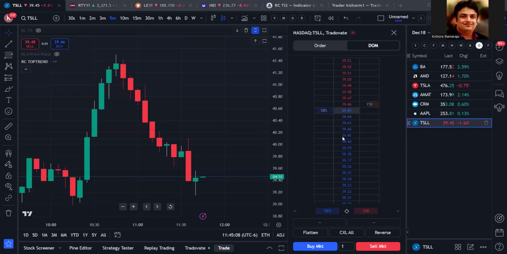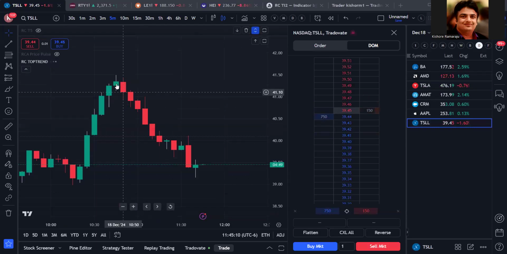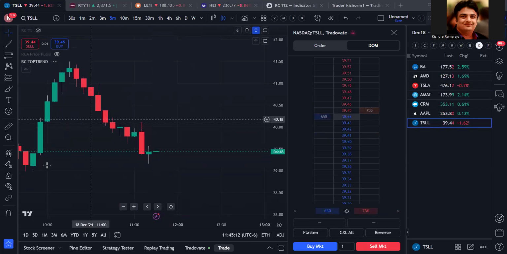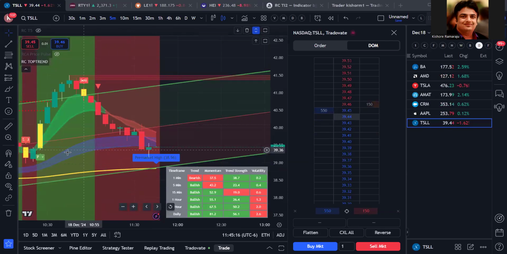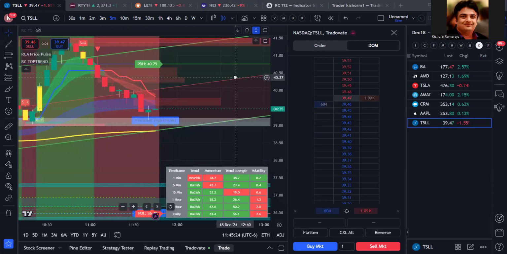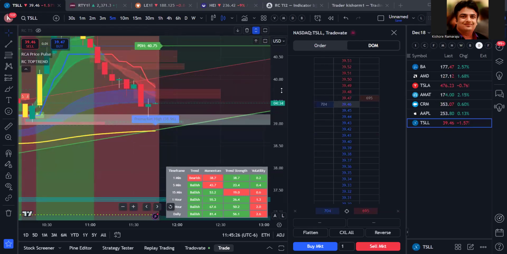I'm watching for TSLL. If we get a buy signal, now it came all the way to the bottom. If we get a buy signal, it can go all the way to the top again. So you can see it touched the buy order block.